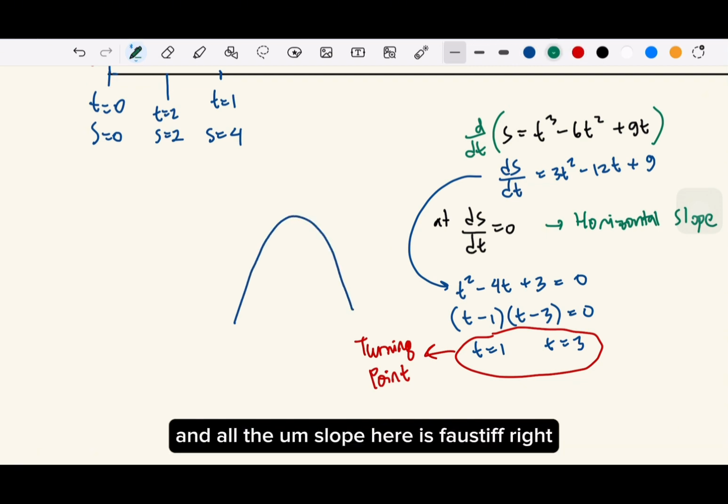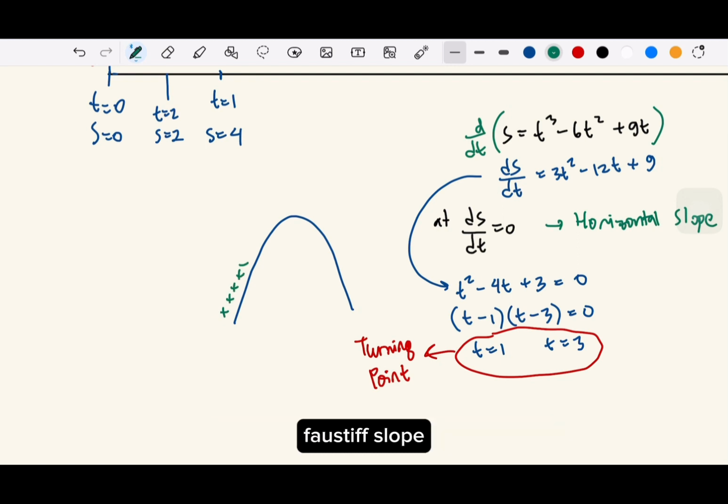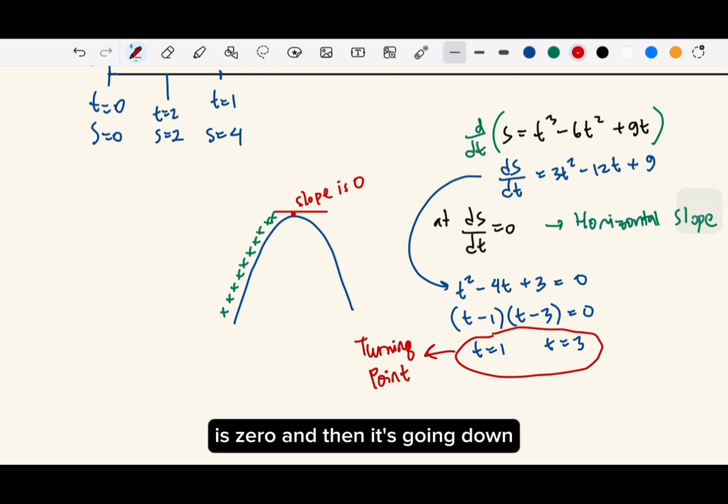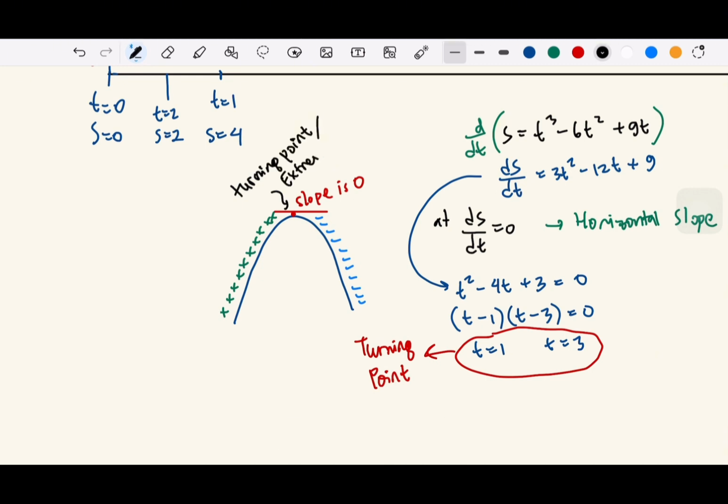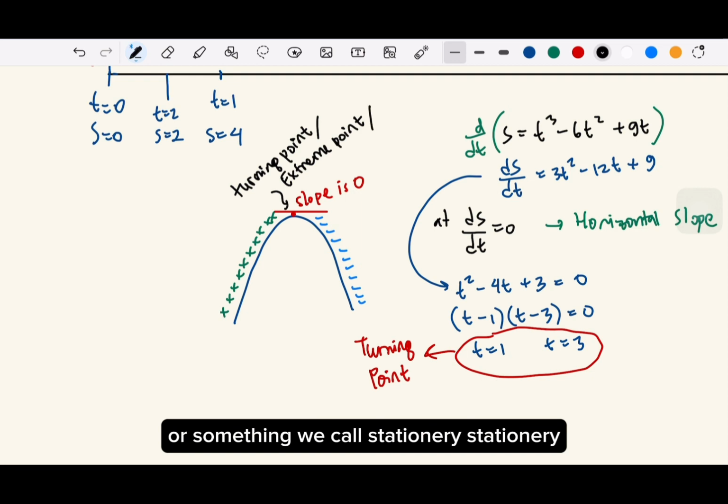And all the slope here is positive, right? Positive slope. And then at the top, we have the slope is 0, and then it's going down, negative slope like that. So we call this point here a turning point or extreme point, or sometimes we also call it stationary.